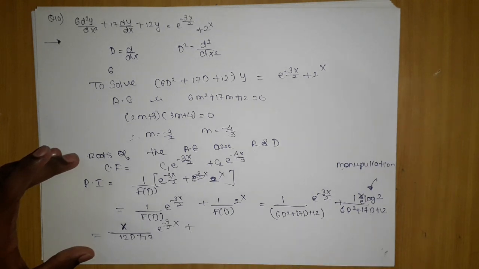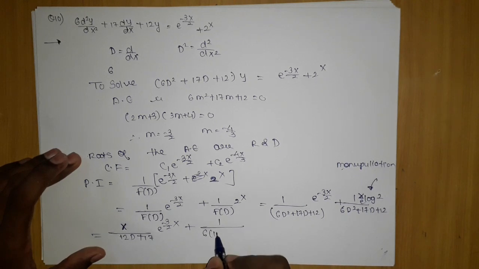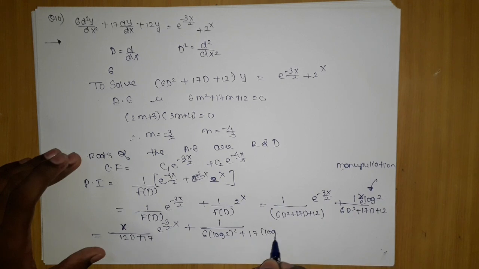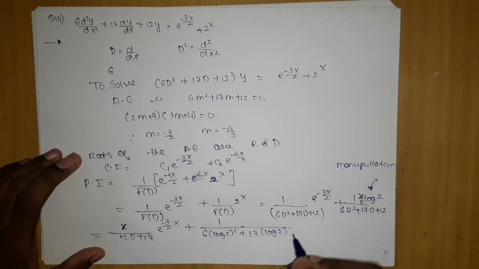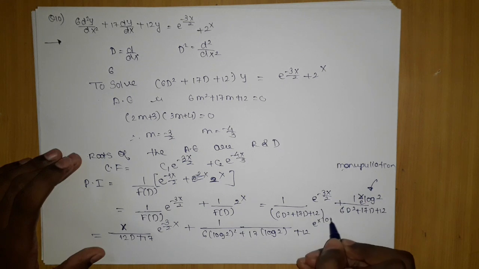Further we are going to substitute e to the power x log 2, so log 2 we are going to substitute. So if we substitute here, 6 into log 2 square plus 17 log 2, because e to the power ax is there, so a will be log 2, plus 12, in e to the power x log 2.